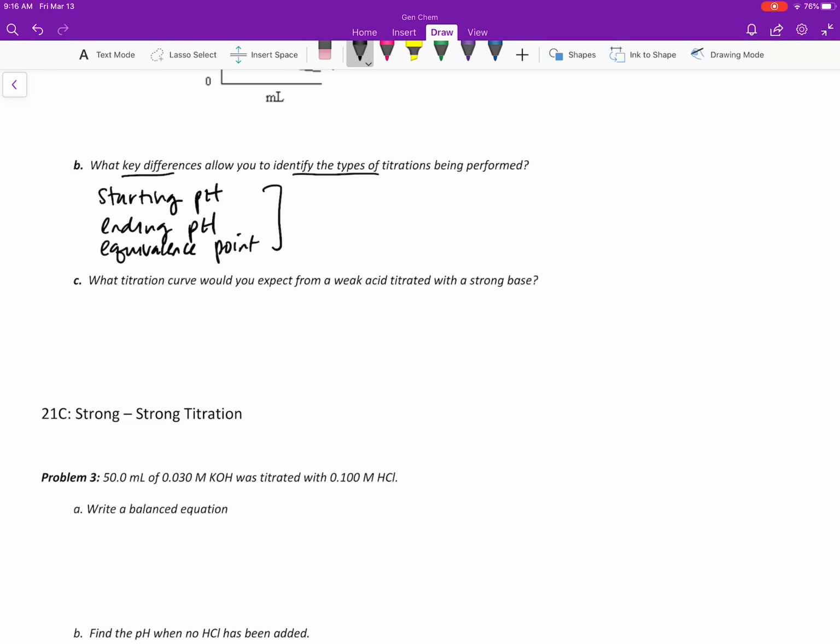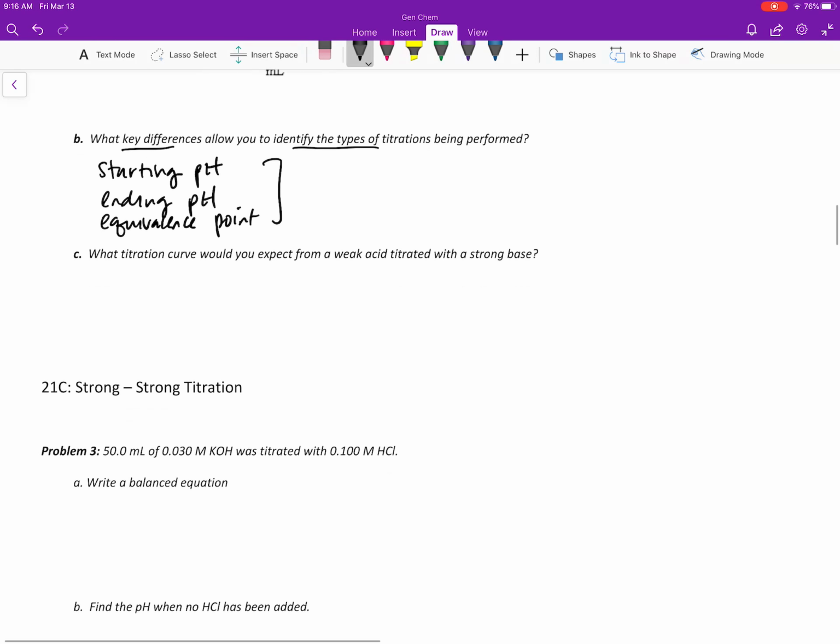All right, and so the last one says, what titration curve would you expect with a weak acid titrated with a strong base? Well, let's see, I would expect that my weak acid is going to start off here in the acid range. And if it's a strong base, I would expect that my equivalence point is going to be up higher and end up there.